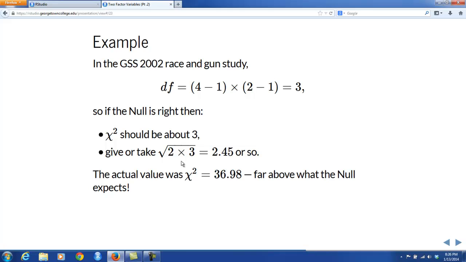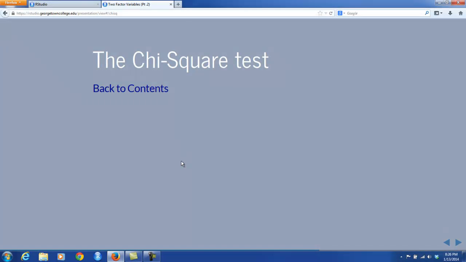It's a lot of 2.45s above 3. It's a highly unlikely thing to get if the null is right. So, looks like in the GSS 2002 study, we have some pretty strong evidence that race and gun ownership are related in the U.S. population. The results we got are very unlikely to occur if there is no relationship.